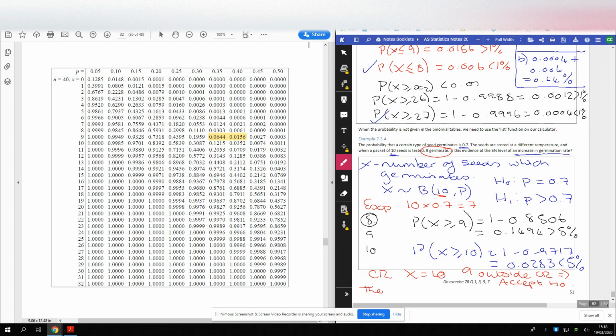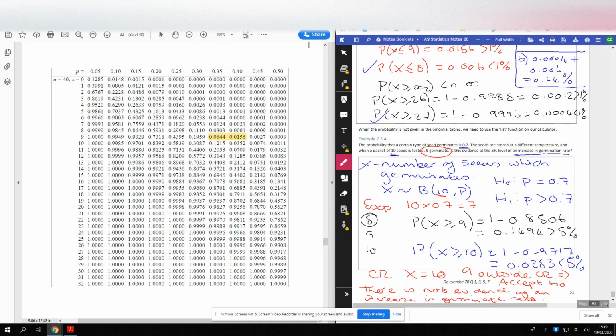So there is not enough evidence of an increase. Make sure at this point you answer the question. Sometimes, this is my best handwriting. There we go, almost. Probably can't read that.